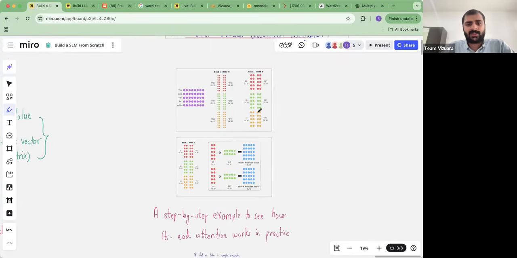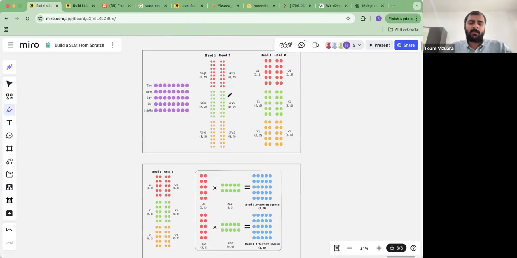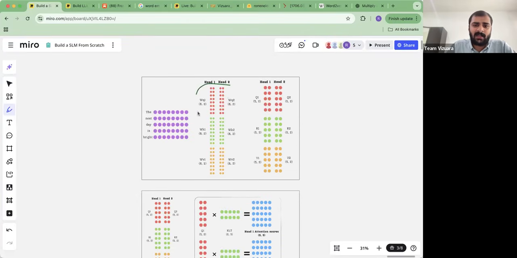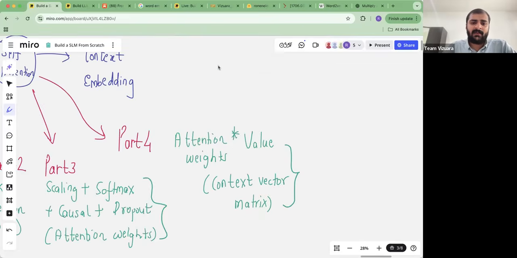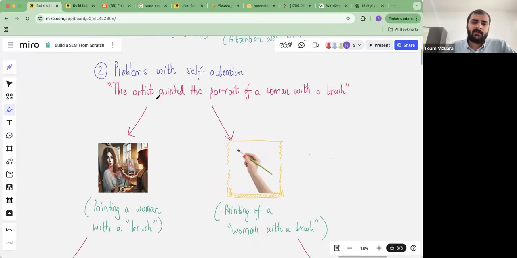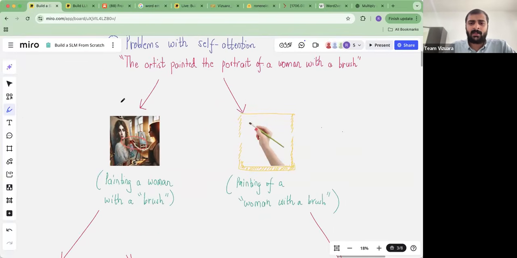I don't have too much time to explain this right now, but basically, instead of looking at a single trainable query vector, key vector, and value vector, we look at multiple heads of the trainable query vector, key vector, and value vector. That's where the term multi-head attention comes from. And the reason we need multiple heads is that if you take just a single head, you can capture only one perspective in a language.